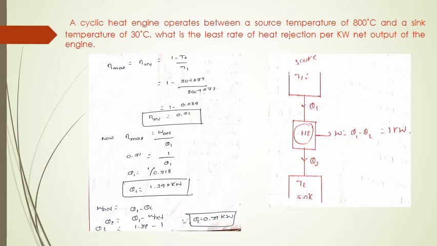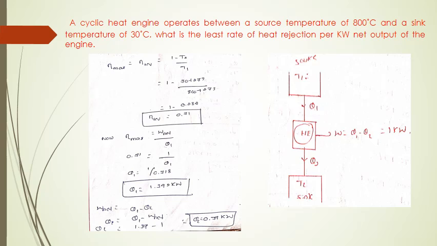Then, if the heat rejection is minimum, only then will we get maximum efficiency. Maximum efficiency is obtained when the engine is reversible. So the reversible heat engine expression for efficiency is 1 minus T2 by T1, which we have already proved in the earlier slide.